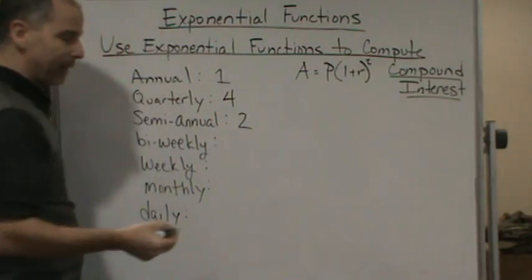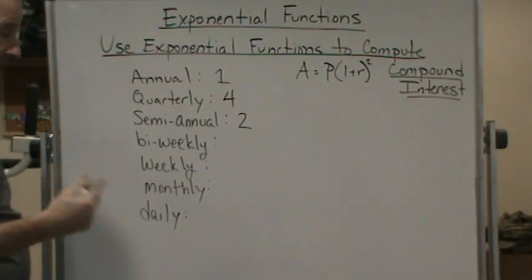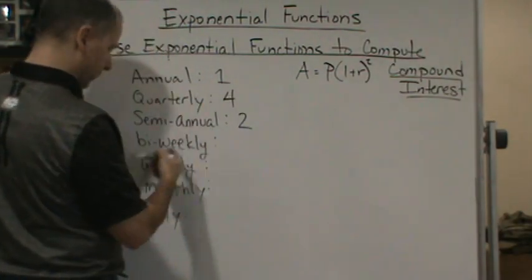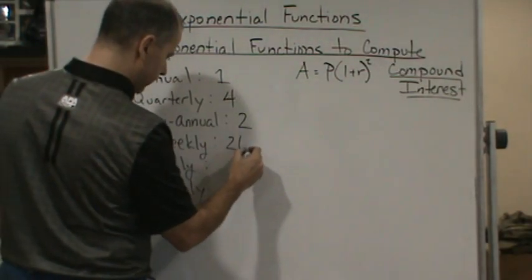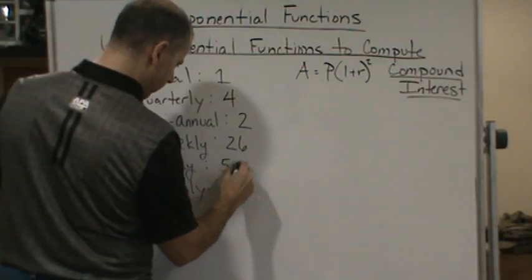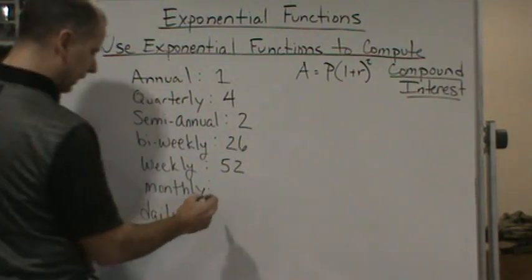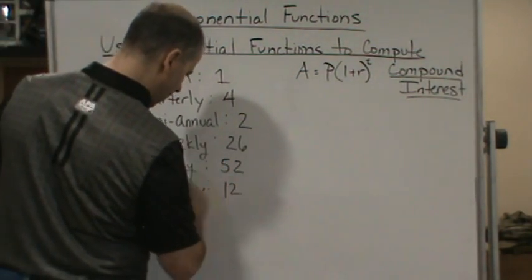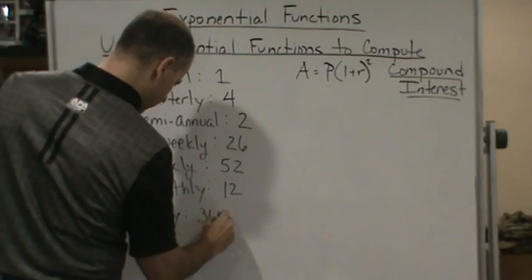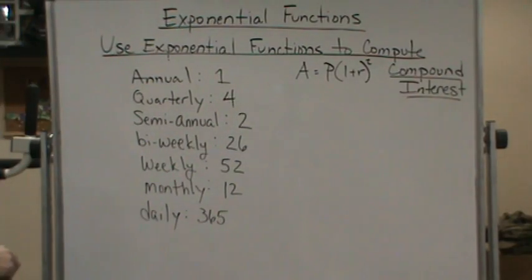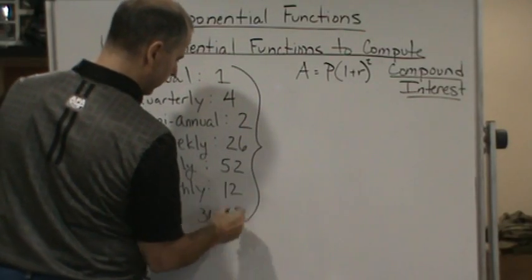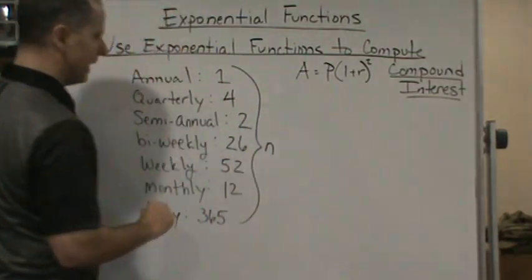Bi-weekly means every 2 weeks, and since there's 52 weeks in a year, it would be half of that, so 26. Weekly would be 52. Monthly, as I said moments ago, 12. And daily would be 365.